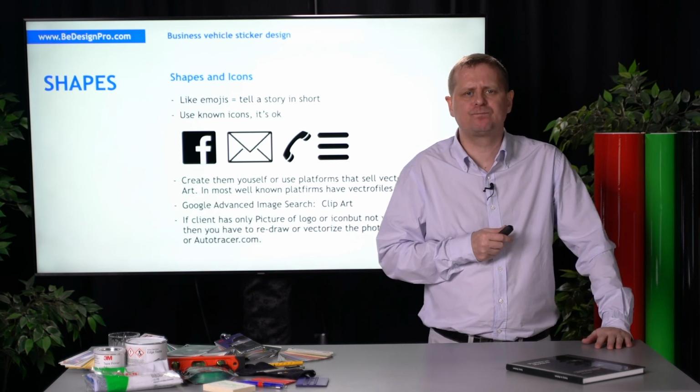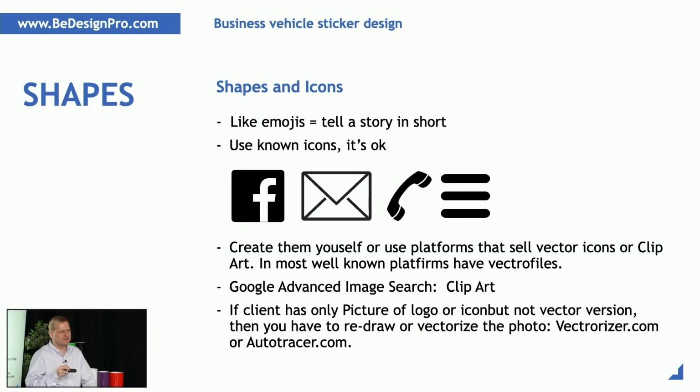Shapes and icons. Well, we will discuss this later in the design section, but as we are talking of usage of web platforms, photo banks and illustrations, one thing you should keep in your attention is the use of icons. Icons are basically emojis, easy to understand and often internationally understandable.